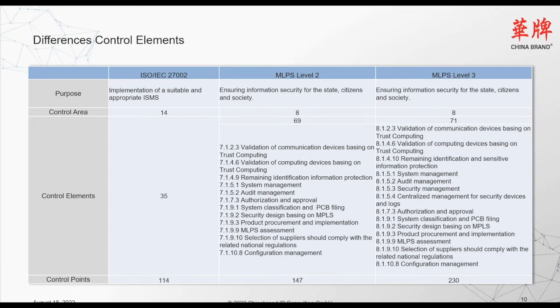You can also see that from the MLPS level 2 to the MLPS level 3, we see a huge increase of control points. So the higher the level of the MLPS system, the more requirements there are that you have to follow. And actually this means a lot, because you have to implement them. It's a legal obligation. So it makes a big difference if your system in China is being defined as level 2 or as level 3.